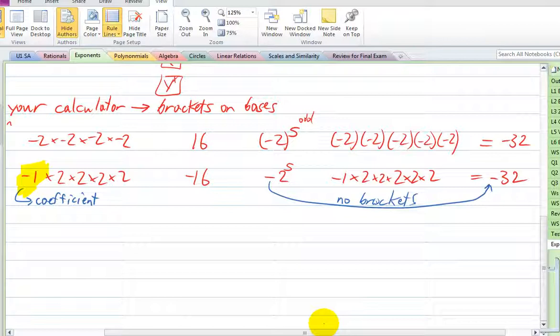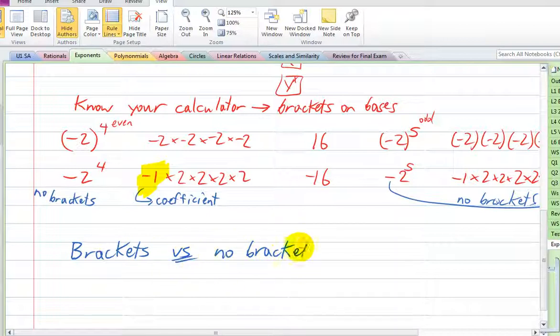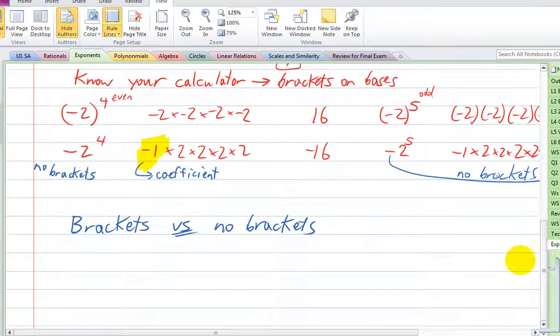All right. So a couple things. Number 1, if there's brackets versus no brackets. That's, for example, negative 5 squared, which equals negative 25, versus negative 5 squared, which equals positive 25.